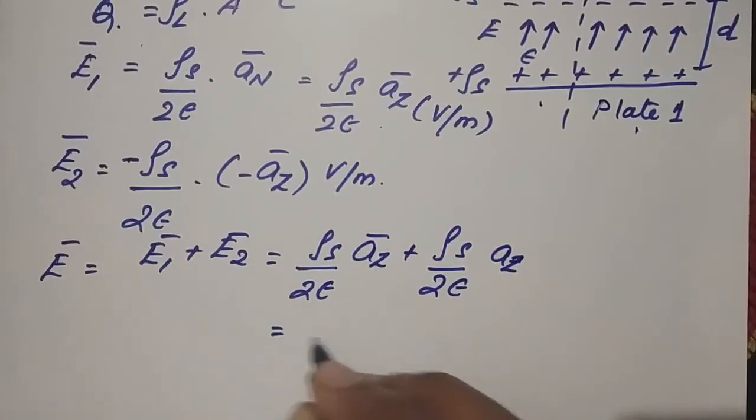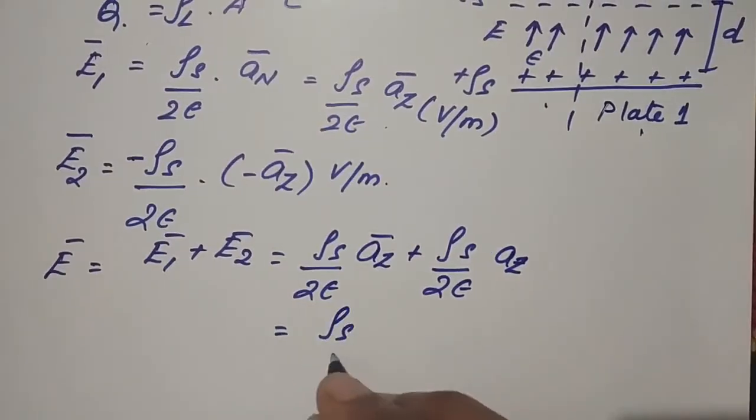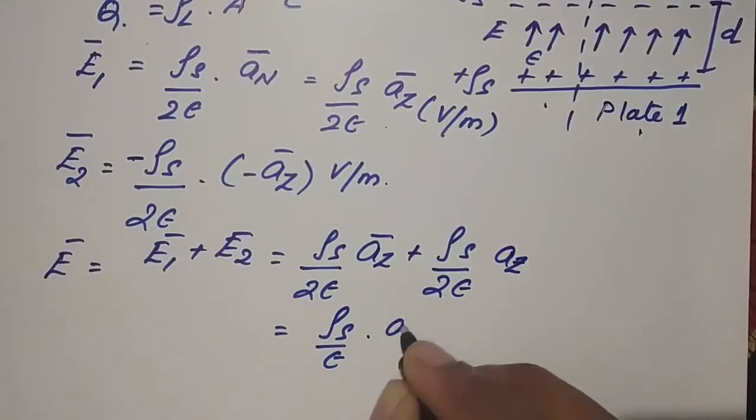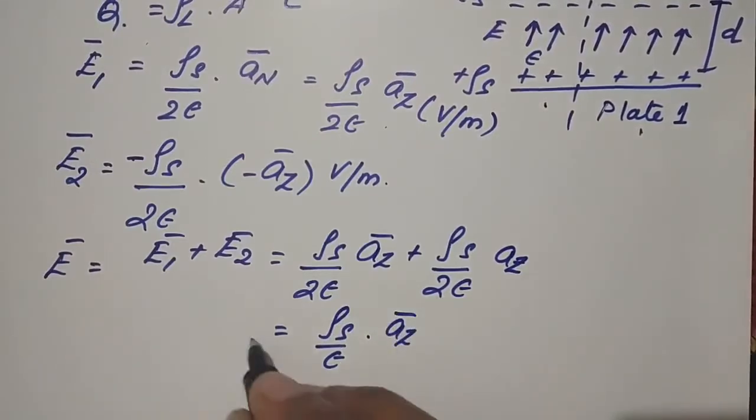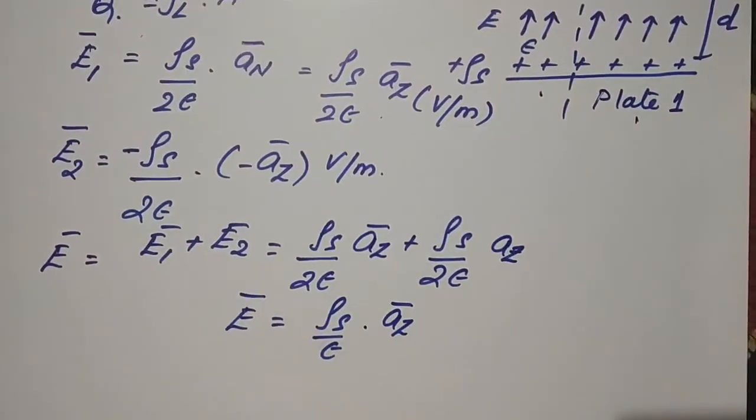So I'll just have rho s divided by epsilon into az. This is my total electric field intensity.